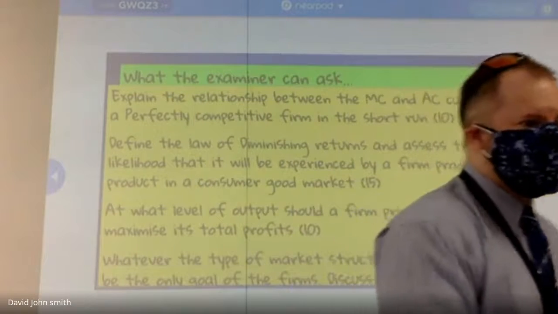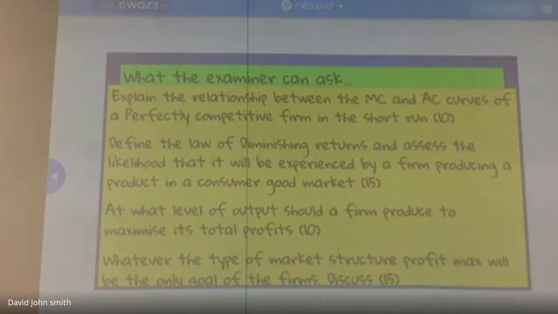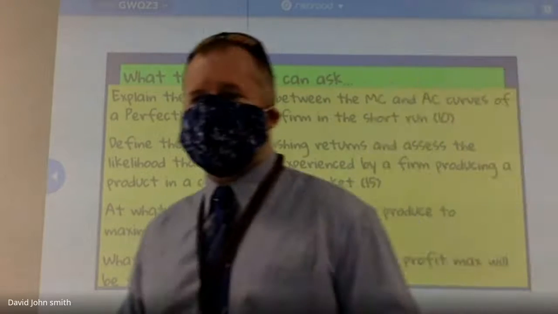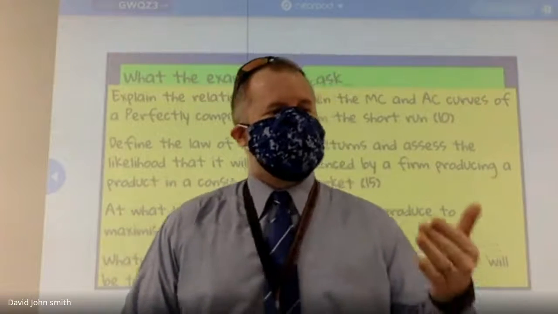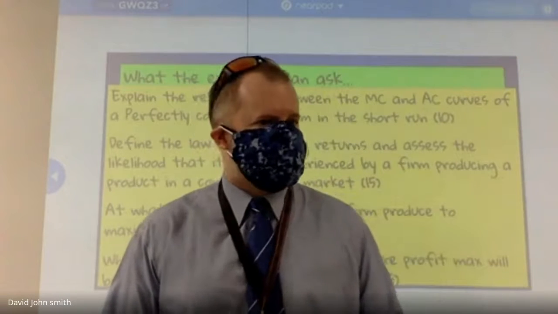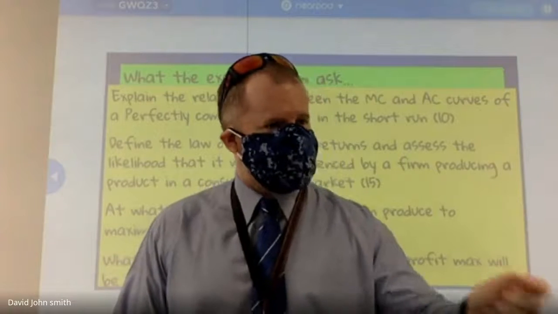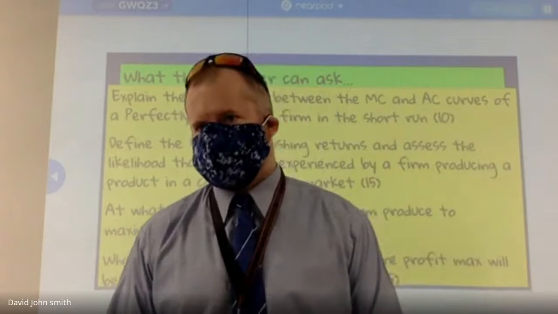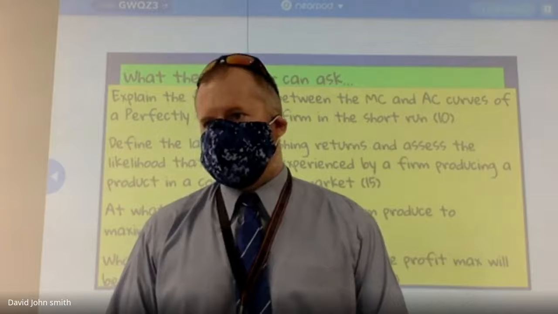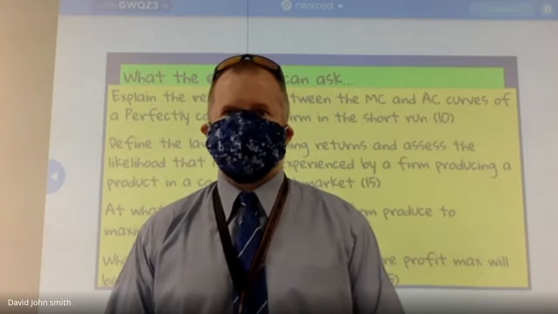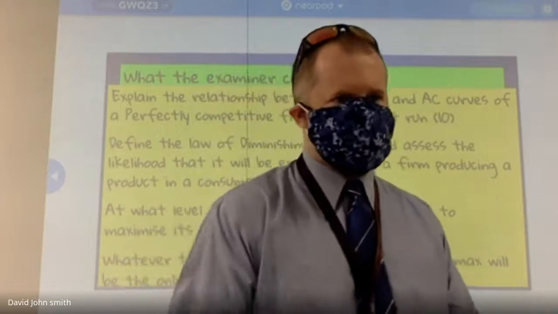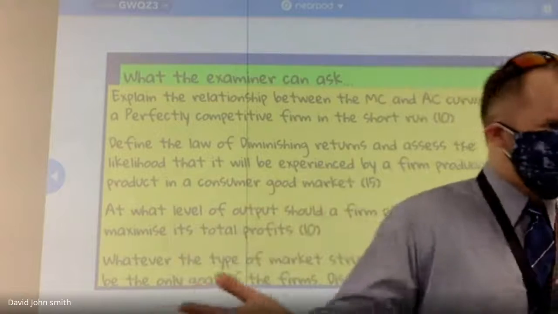So yes, and it talks about the type of market structure. Monopolists, think about them. Are they going to have profit maximization as their objective? Potentially, yes. But what if they're a natural monopolist? What if they are producing a product that is essential to the economy, water, power, the internet?